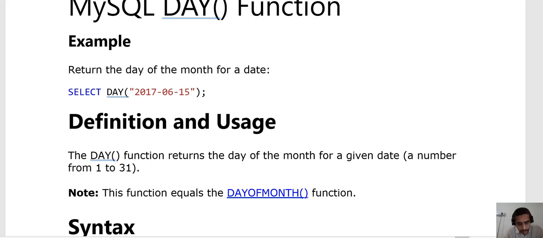The function DAY returns the day of the month for a given date, a number from 1 to 31. So it's either 1 or 31, in between that it will find it out and then display it over there. This function is equal to the DAYOFMONTH function. So you can use this function, or you can go for the other one called DAYOFMONTH. Both are the same.